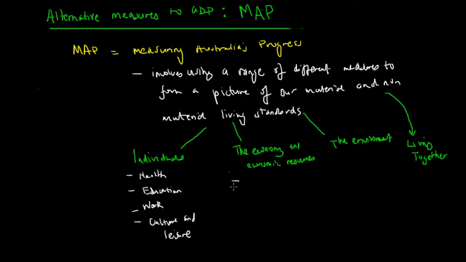Secondly, we have the economy and economic resources, and so the MAP also includes real GDP as a measure of our living standards, because it is important that we do produce lots and lots of goods and services to satisfy our needs and wants. So national income also falls under this category. But also this idea of income distribution, which was neglected by GDP. It looks at the Lorenz curve and the Gini coefficient to see how equitable our income distribution is.